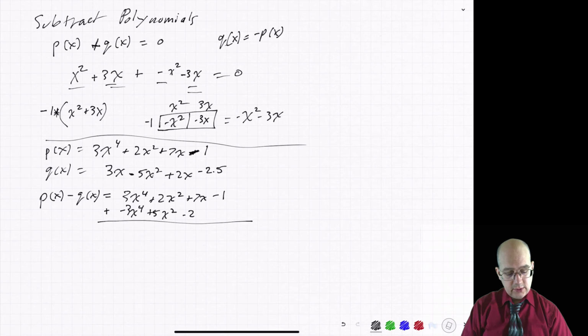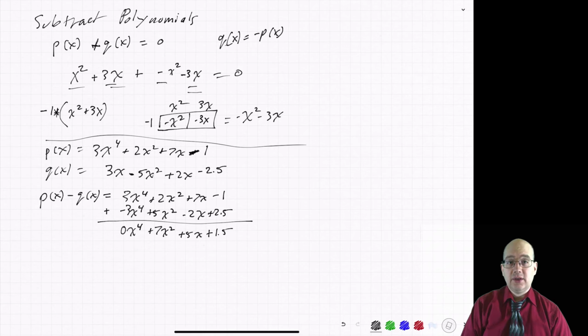Negative of 2x is minus 2x, and negative 2.5 is plus 2.5. And now we add: 0x to the fourth, plus 7x squared, plus 5x, plus 1.5. I just totally forgot the x cubed. Whatever.